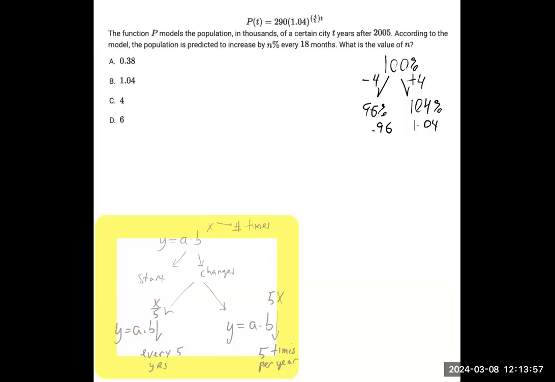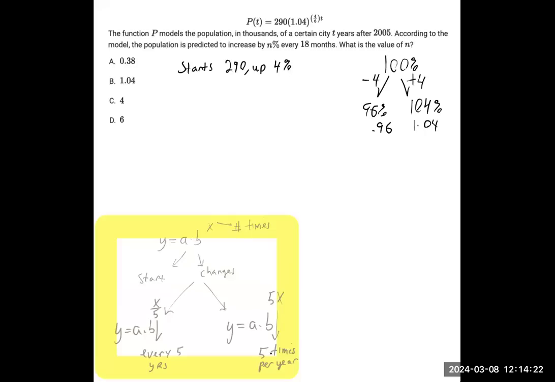So now what's happening here? That could be seen as this happening this many times per year. Or it could be something else that we'll interpret it as. But let's take the first interpretation. We can say it starts at 290 and then it's going up 4%.